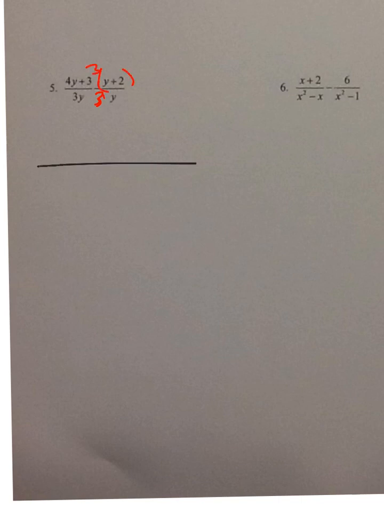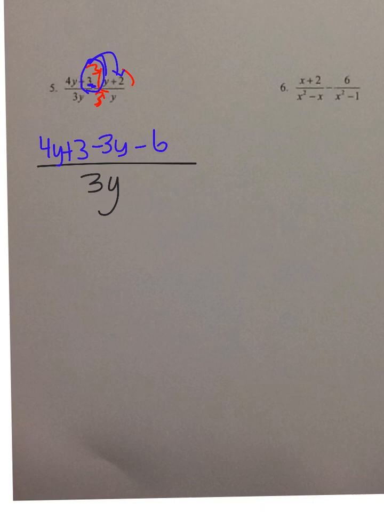My denominator is going to be 3y. In the numerator, I will have 4y plus 3. Now, when I distribute the 3, remember, there's a minus there. So distribute that negative with the 3. So it'll be negative 3y minus 6. All right, so I have 4y minus 3y is y. 3 minus 6 is negative 3 over 3y. Nothing reduces, so I am done with that one.